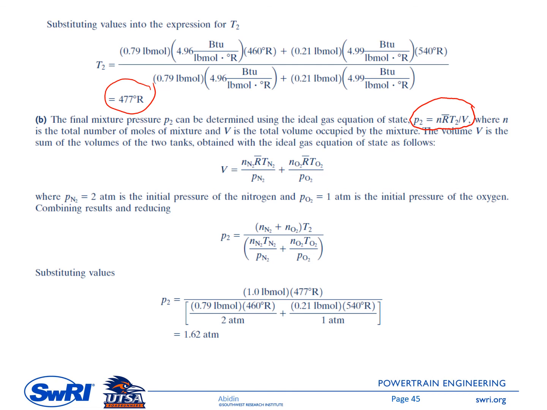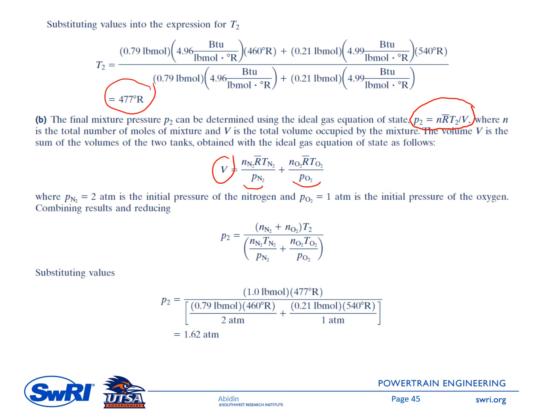The volume V here is the sum of the volumes of the two tanks, right? Tank 1 is initially occupied by nitrogen, and the second tank is initially occupied by O2. So we can calculate the total tank volume here, from the tank that contains nitrogen initially and the tank that contains oxygen initially.